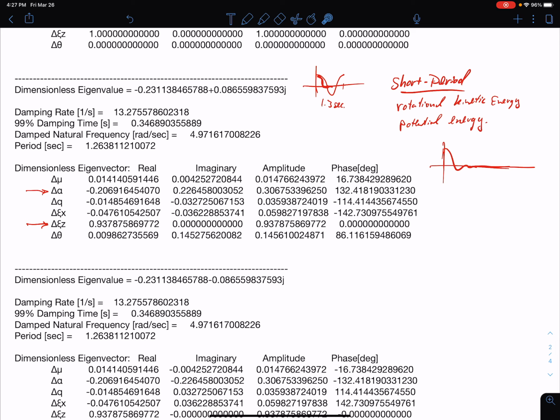So this is just a really quick pitching motion where the nose of the aircraft will pitch up rapidly, with a quick change in angle of attack. That increase in lift will carry it up, but as it accelerates upward, the angle of attack decreases and the aircraft pitches back down, and this whole cycle will dampen out very quickly.